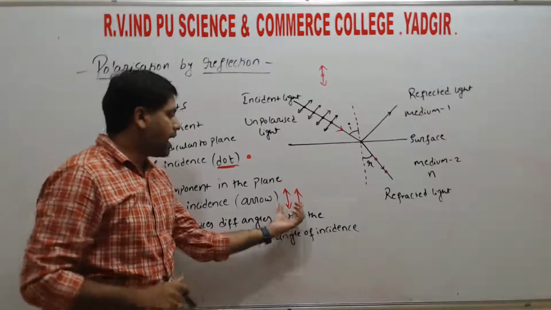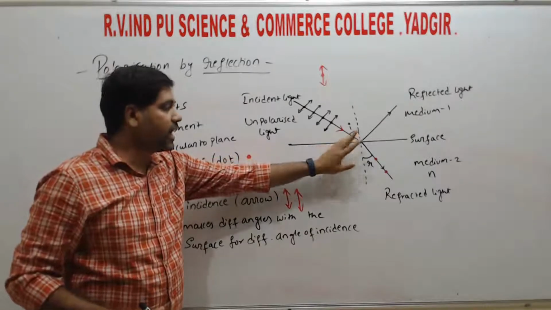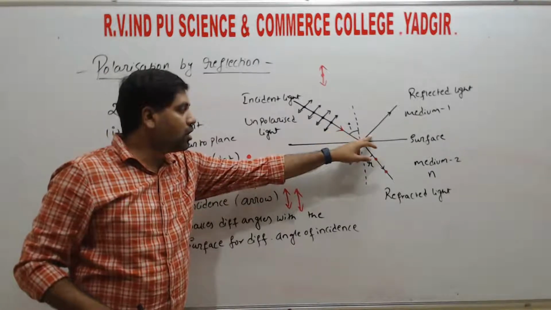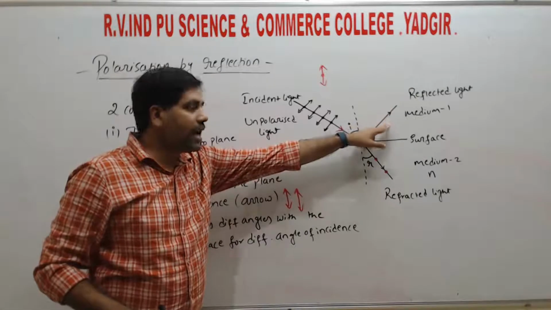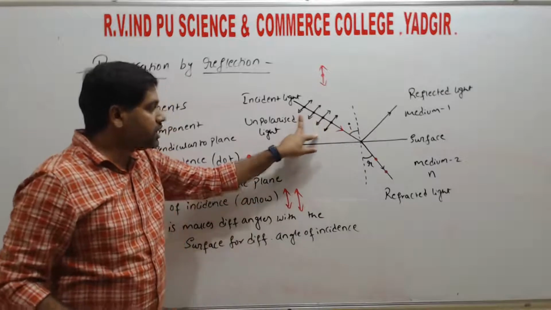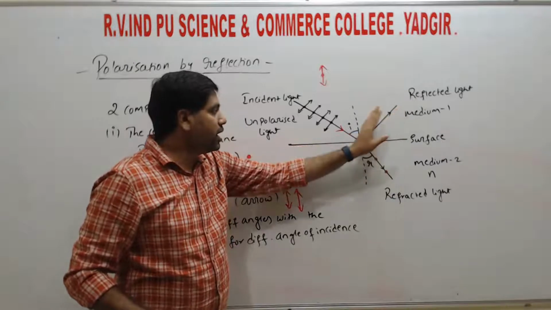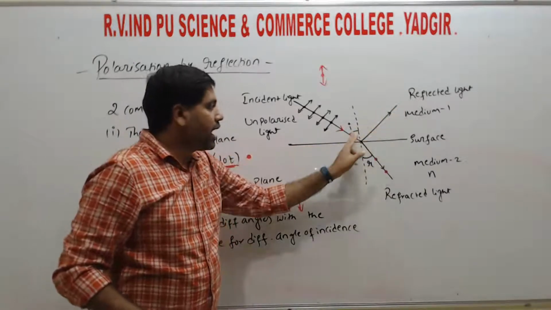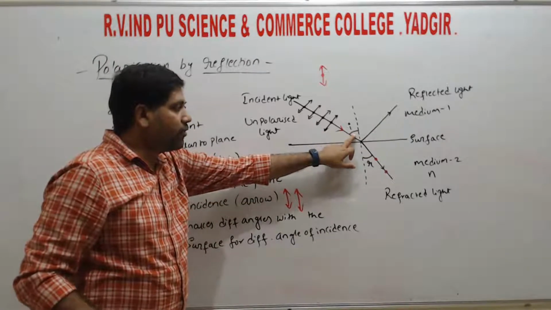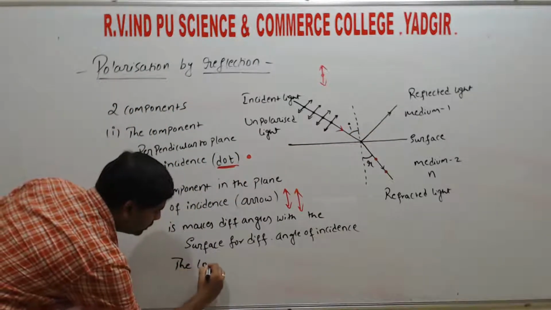Hence the percentage of the components which are refracted depends on the angle of incidence. The percentage of the components which are in the reflected light is based on the angle of incidence, because these make different angles with the surface for different angles of incidence.